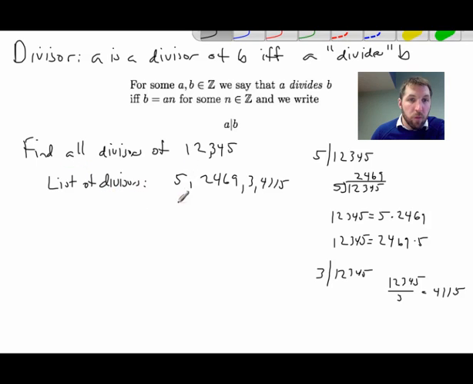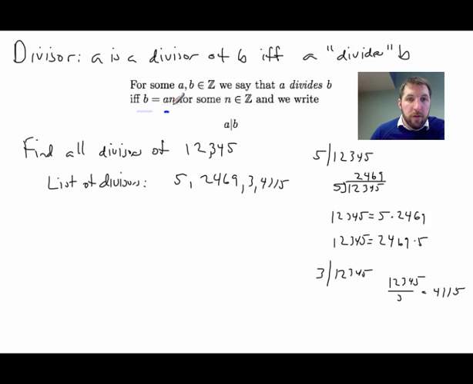Let's say 1. Is 1 a divisor of 12,345? Now, this one's kind of interesting. If you take a look at the definition, can we write 12,345 as some product times 1?